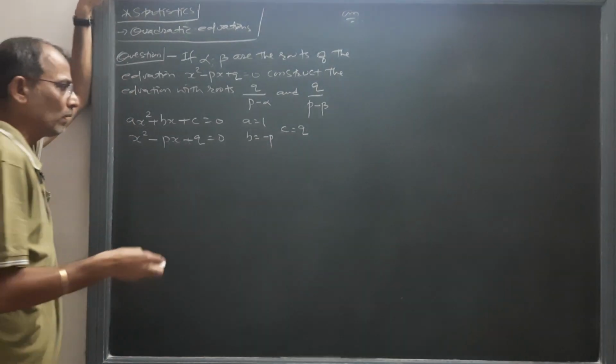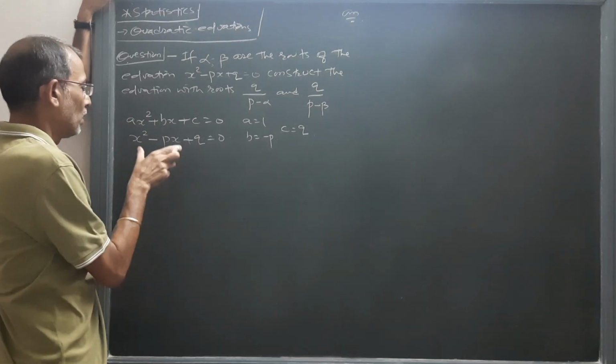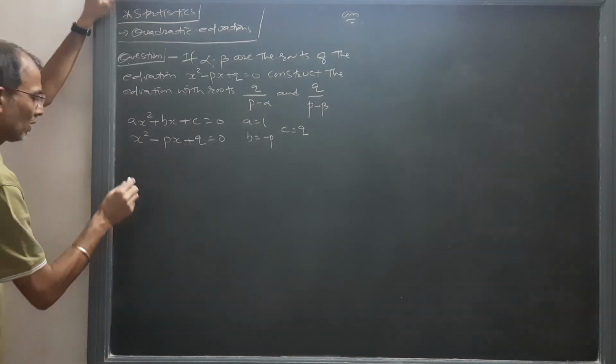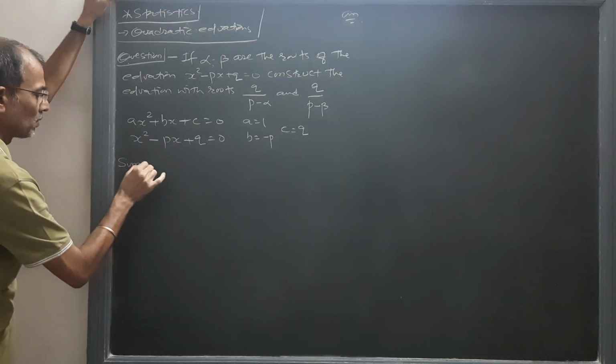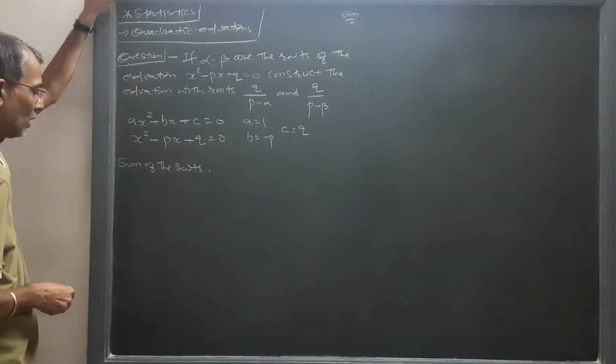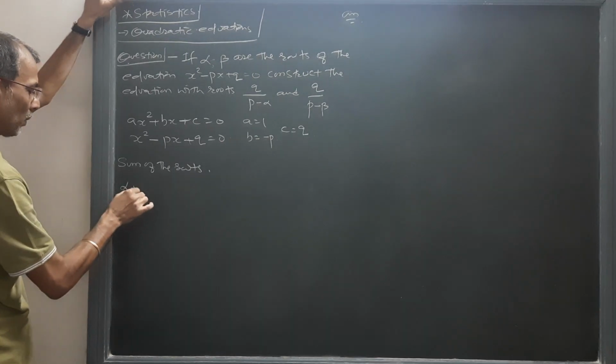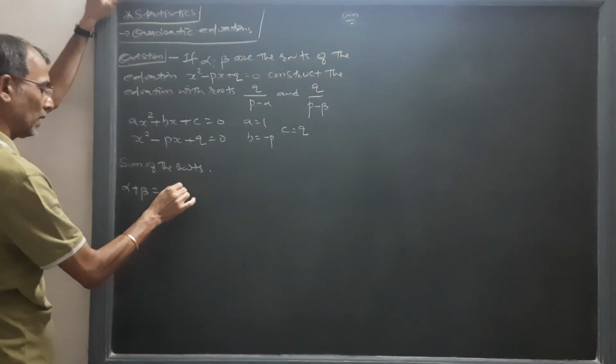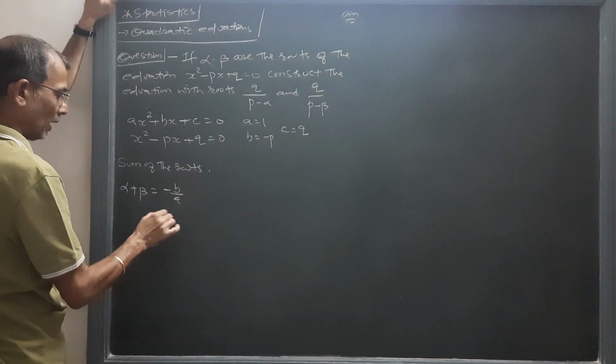Now if I find the sum of roots of this equation, then the sum of the roots alpha plus beta is equal to minus b upon a.